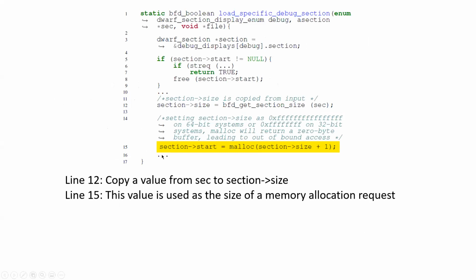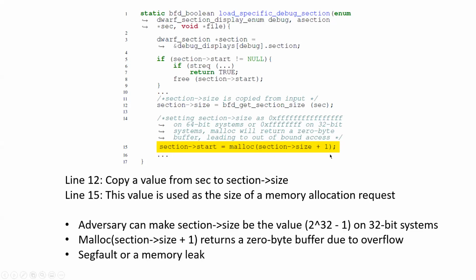Then the next line that executes is line 15, where we allocate memory based on the value of section size plus 1. An adversary can modify this section size value to be 2 to the power 32 minus 1 on 32-bit systems. Then on line 15, when you allocate the memory, you actually get a 0 byte allocation due to integer overflow. So this is one example of vulnerable code.